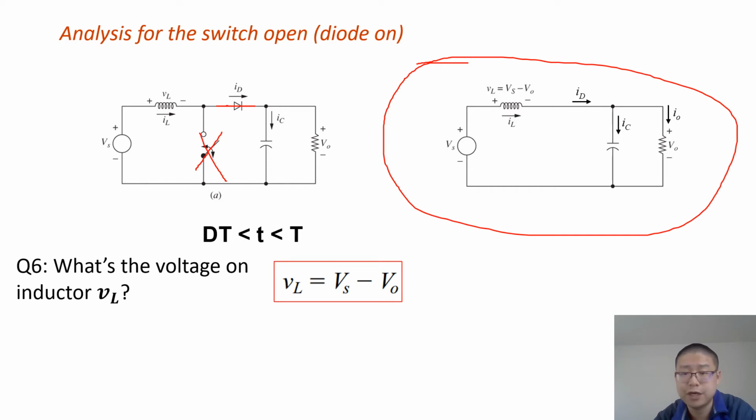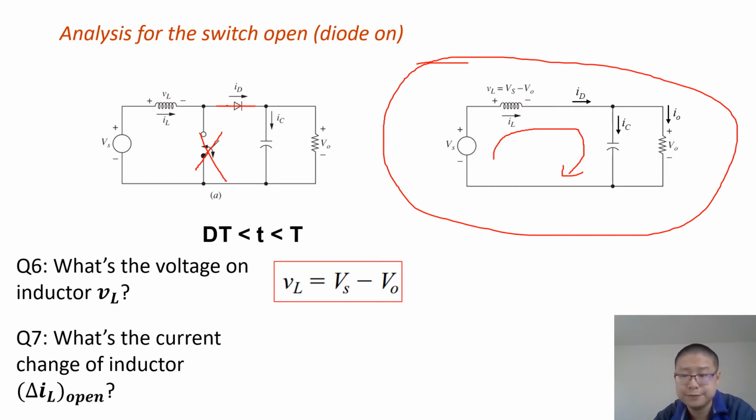This is from KVL. From KVL, we can obtain this relationship. The question 7 is more difficult. What's the current change of inductor when the switch is open? Give you 30 seconds to calculate to obtain its expression.